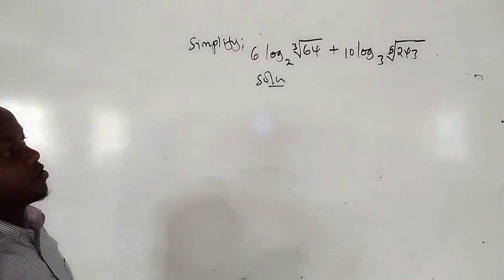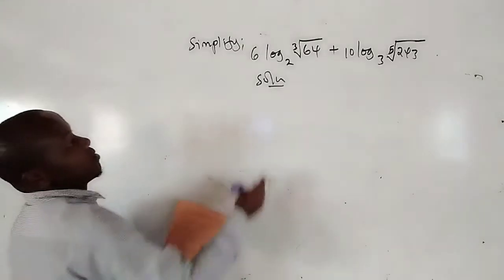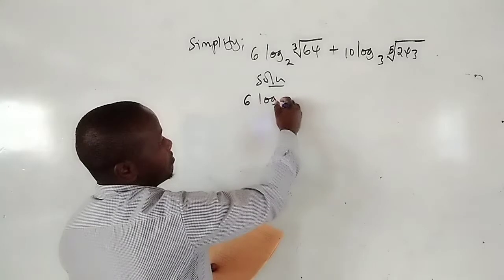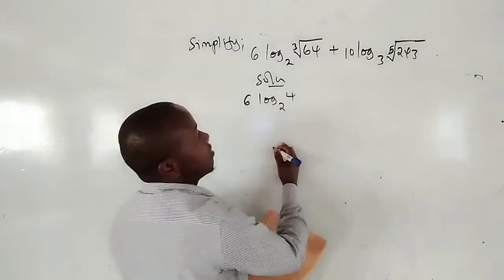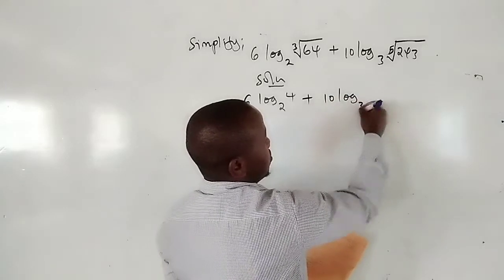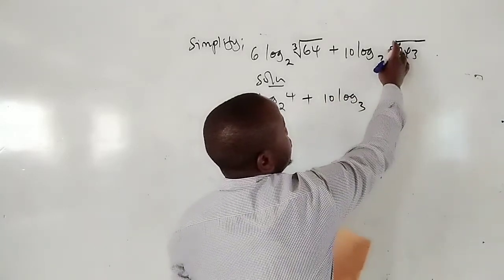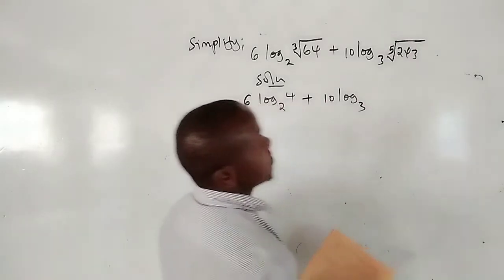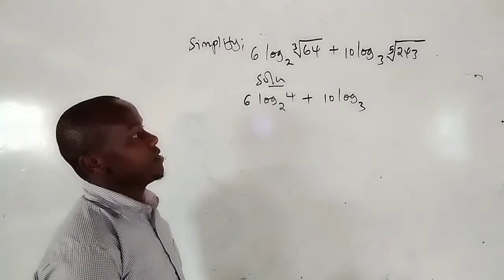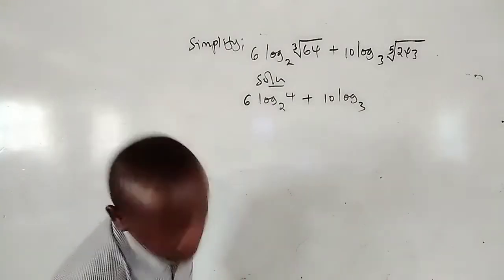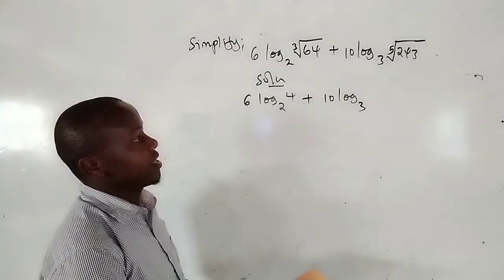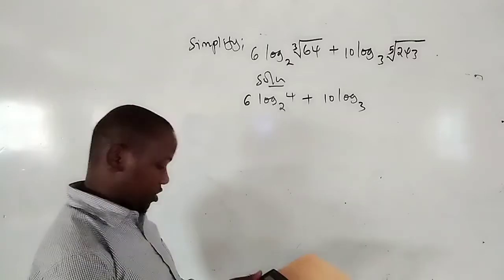So this is 6 log base 2 of 4, plus 10 log base 3 of the fifth root of 243. We can check the fifth root of 243.